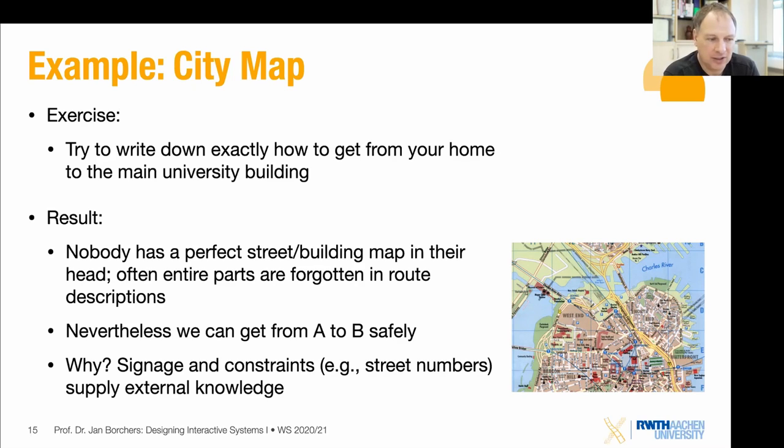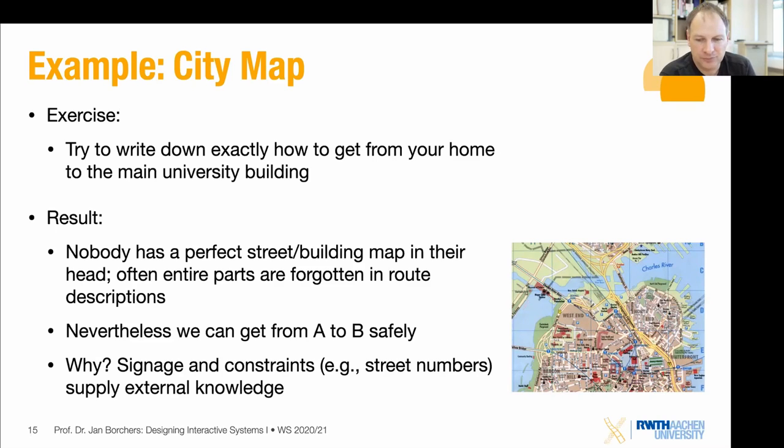Nevertheless, well, not right now because you're all studying from home, but usually you can make it to two university buildings, three lectures safely, right? You find your way, you don't get lost, I hope. So how does that work? Well, because again, we have lots of knowledge in the world that we're relying on.